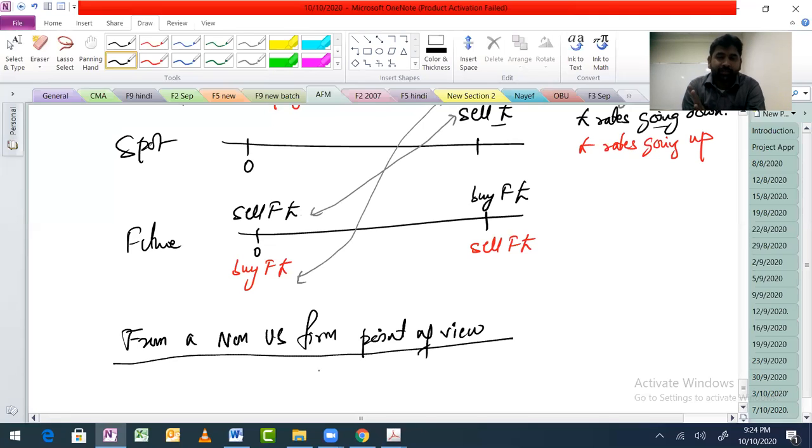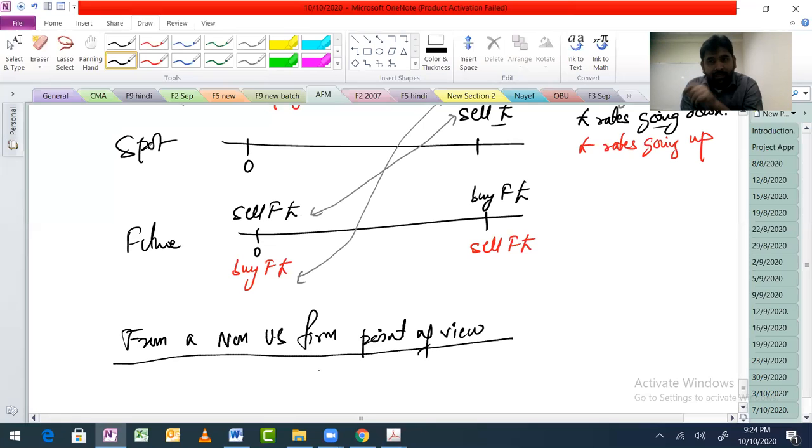But when you want to make this exchange traded, there has to be one point which will match everything. Everything will come and match at that point, because you want to do exchange traded.